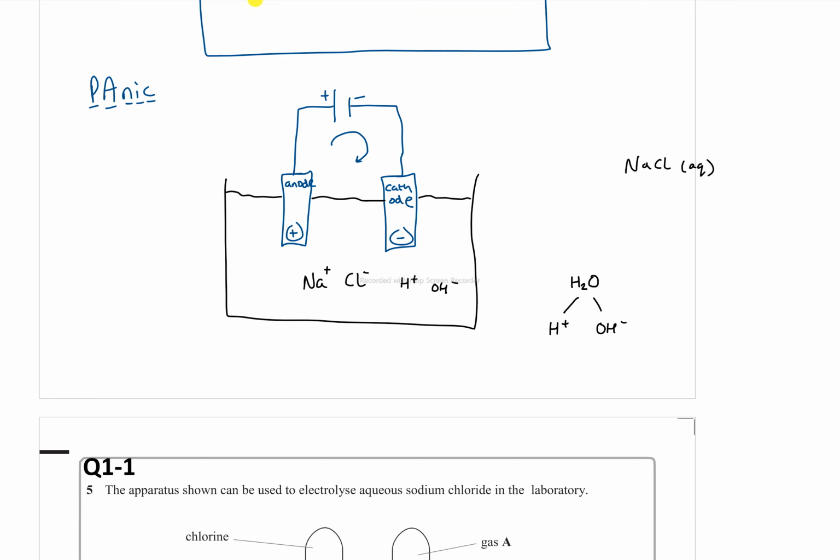Now what's going to happen is the positive ions are going to get attracted to the negative electrode. Them two are going to head off that way, and they go that way.